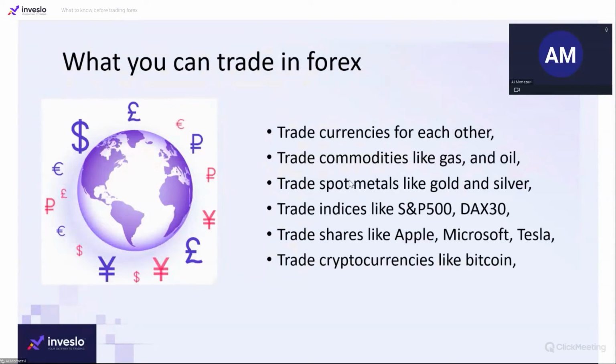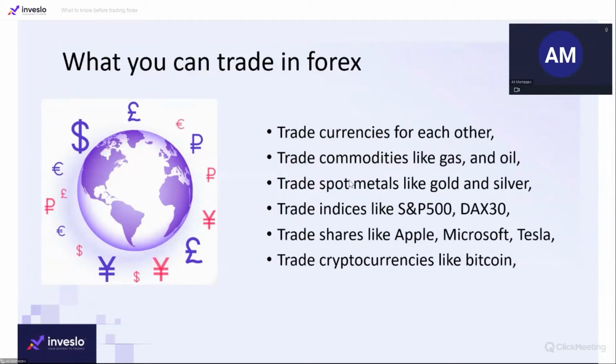But maybe we can't afford to have that storage or pay a rent to keep our physical metals there. In that case, financial markets enable us to have the value of all of those commodities like metals, soft commodities, energy commodities, and everything. We can trade them for money without any need to keep them physically. So this is the opportunity.